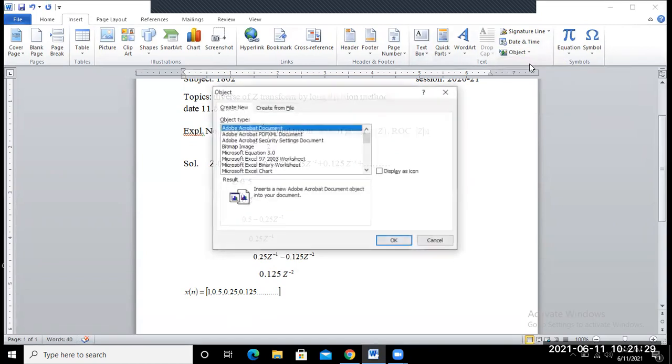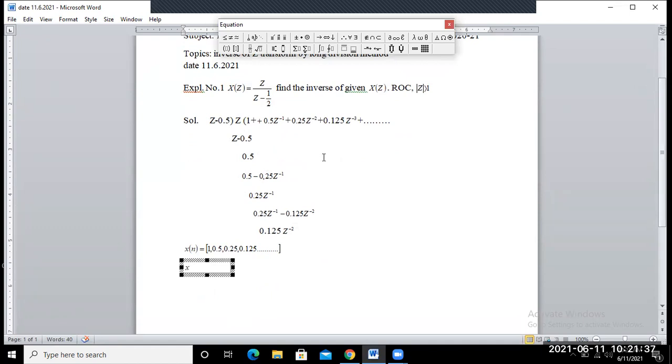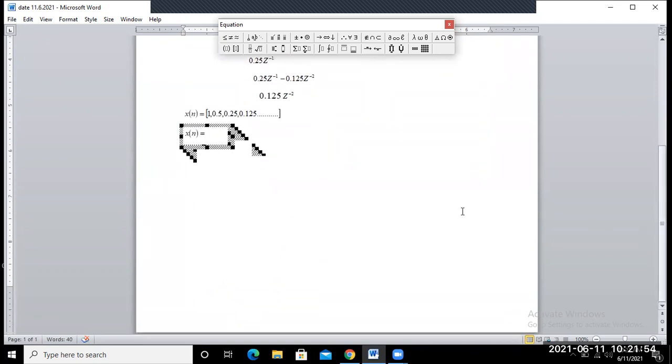So we can just write xn equal to 1/2 to the power n un. So this is your un.